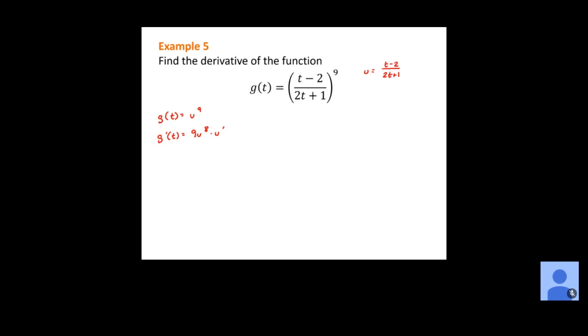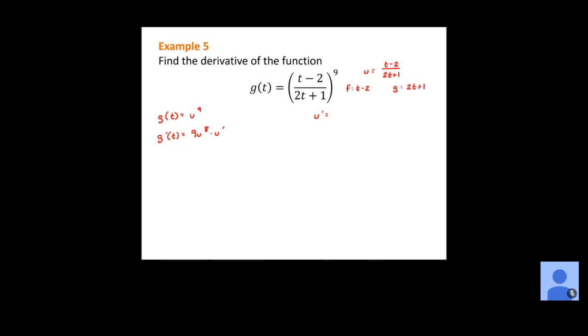So now we've got to go find the derivative of u, right? Leave myself some space here. To find u prime, what are we going to do first? Good. We need our f and our g function because it is a quotient rule. So remember, f is always the numerator. That's going to give us t minus 2. g is always our denominator.